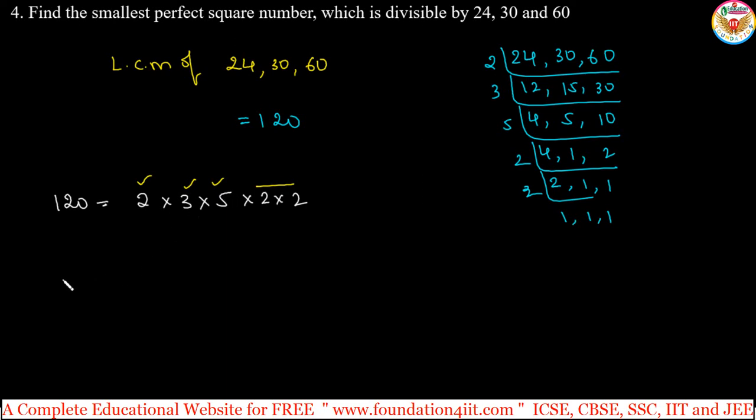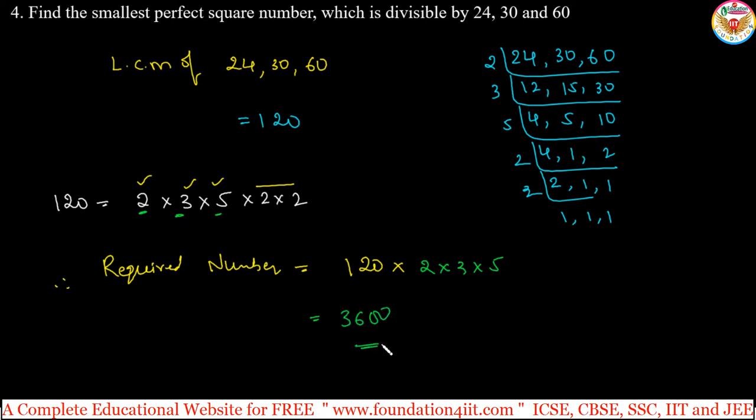That means the required number, the smallest perfect square number, is 120 into what extra we require, that should be multiplied with 2 into 3 into 5, because one more 2 we need, another 3 we need, another 5 required. 120 into 2 into 3 into 5. 5 2s are 10, 10 into 30 is 300, 12 into 30, 3600. Okay. So 3600 is the smallest perfect square number which is divisible by 24, 30 and 60.